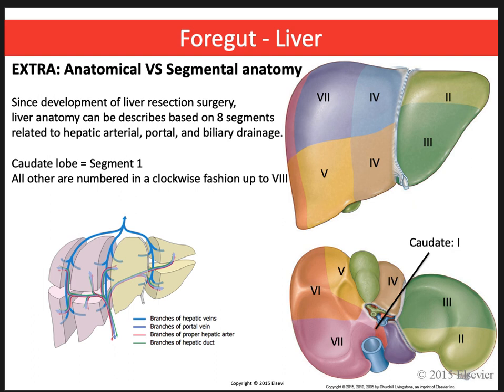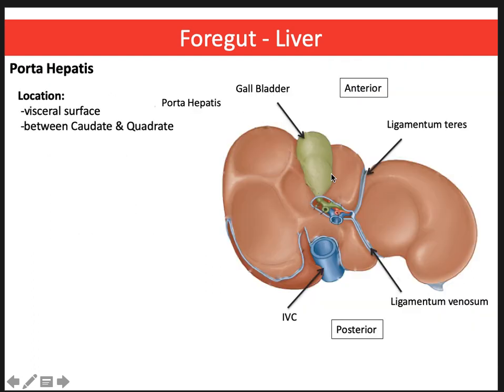During surgery, if one lobe is affected by a tumor or a pathology, it can be, not easily, but it can be resected from the others because they are independent. So this is another, more functional way of describing the liver. But don't remember those 8 segments.